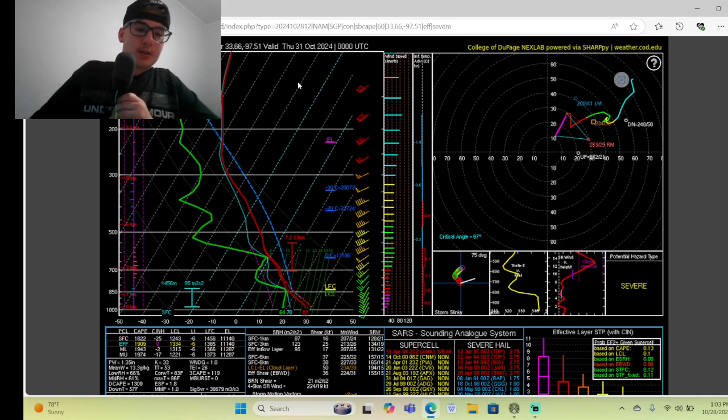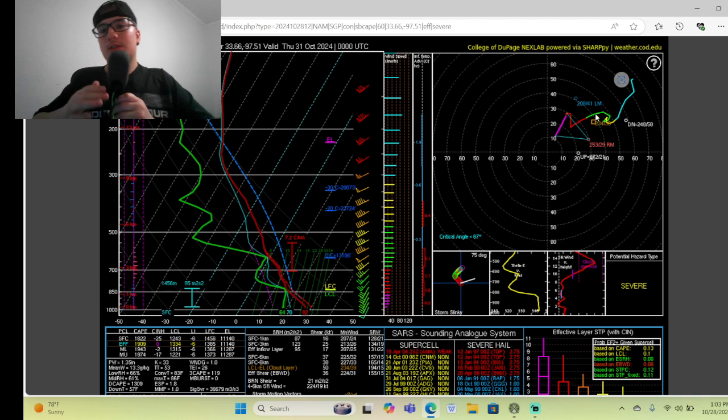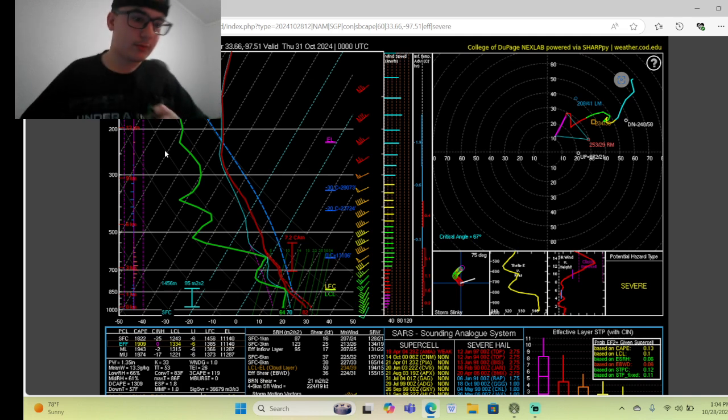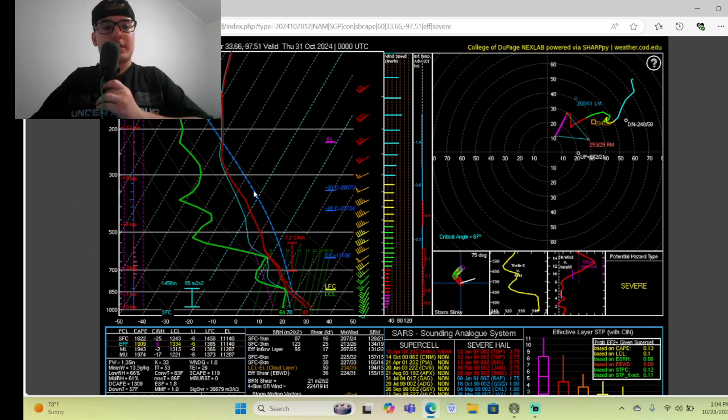So what we have here is the vertical wind shear going kind of directional. Storm relative inflows go through here, and you get these supercells that want to develop a lot of lift with these updrafts. So the dew points are showing a lot of favorable, conducive environment for this setup.